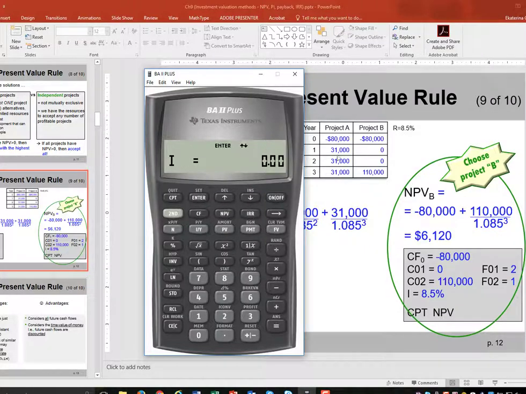Then NPV, my discount rate is 8.5, enter, down, compute. $6,119.89. So I actually rounded up to the nearest full dollar, and that's how on my slide I obtained $6,120.